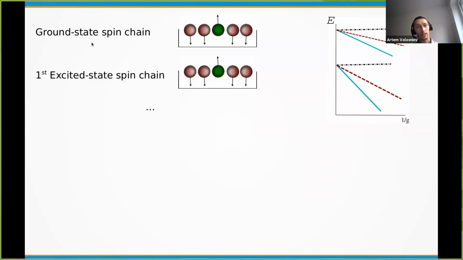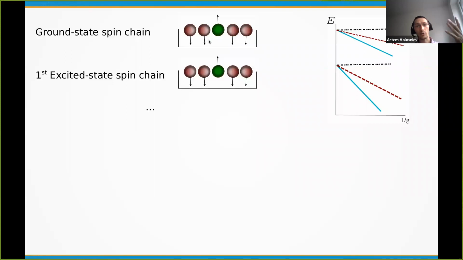We think in the following way. Here I draw the box potential, but in principle one could think also of another potential. You have the ground state spin chain, and then you flip a spin in the ground state spin chain, and in the first excited spin chain you also flip a spin, and so forth.